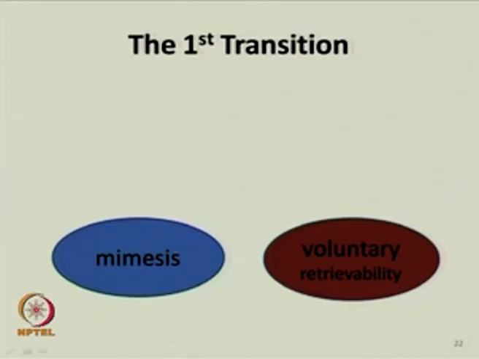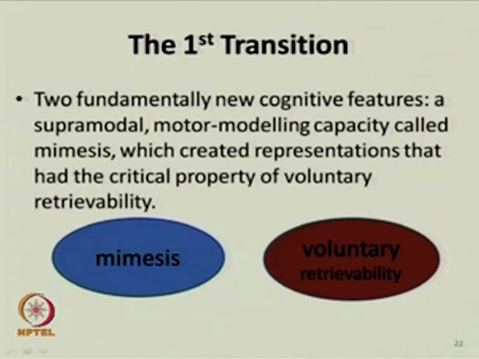So the first transition therefore involved two things: mimesis and voluntary retrievability. Voluntary retrievability is something we saw that apes do not have. So we develop something called auto cueing, that is cueing without the need for any cues, that is auto, self, right? So we develop voluntary retrievability because of selection pressures, and also mimesis.